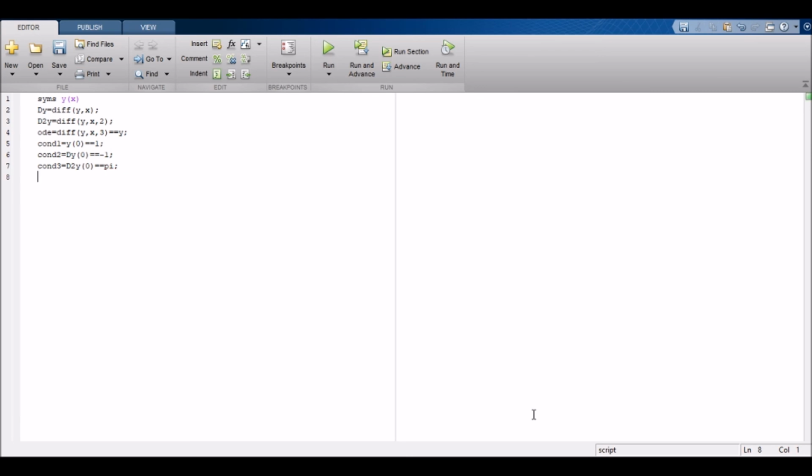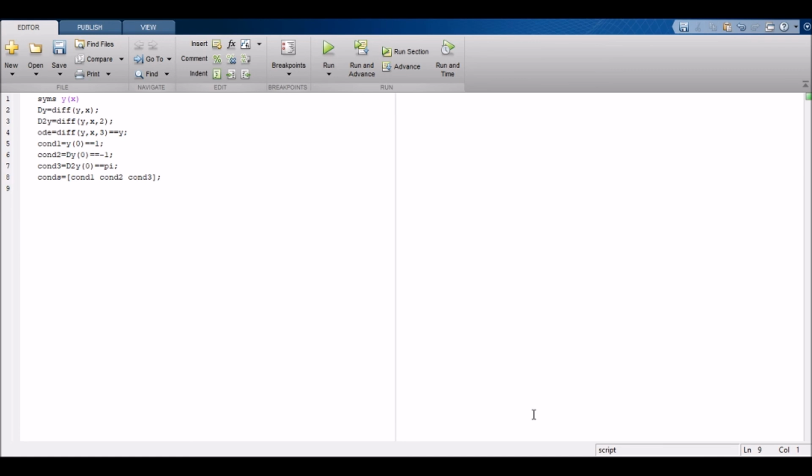Now we define these conditions as conditions equal to, in square bracket, condition 1 space condition 2 space condition 3, then square bracket complete, semicolon.